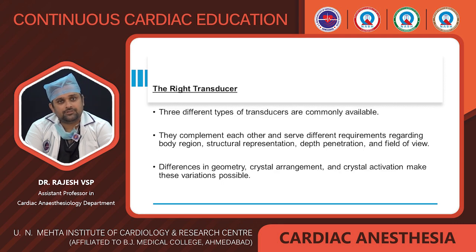Coming to the transducers, selection of the right transducer is important. First, we have to know the different types of transducers. They complement each other and serve different requirements regarding body region, structural representation, depth penetration, and field of view. Differences in geometry, crystal arrangement, and crystal activation make these variations possible.